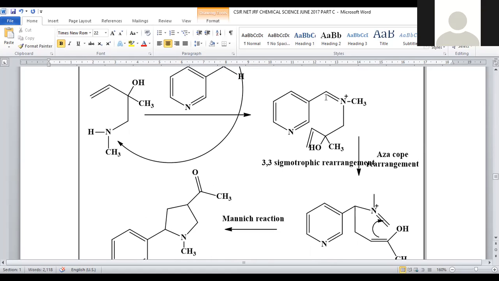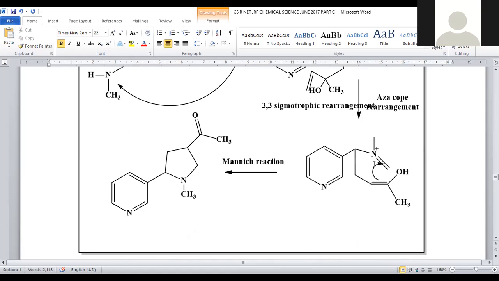So these atoms, 1, 2, 3 and 1, 2, 3, participated, so that it is converted into this kind of intermediate product where we have a nitrogen double bond and 4 bonds around the nitrogen. Hence we can say it is a kind of quaternary ammonium salt, right? And here a vinyl group is there. Further they are involved in a ring cyclization reaction.